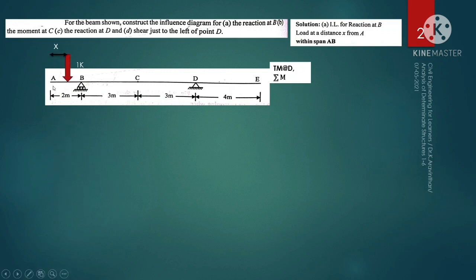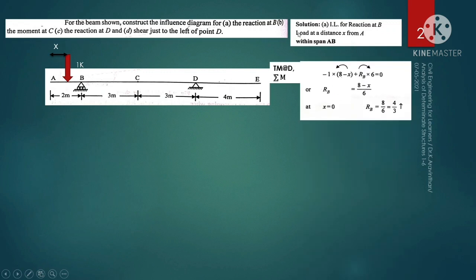Now what we can do is split this span into different members: member AB, member BC, member CD and DE. There will be 4 members, and these are the junction points where we have to find the influence line. Now, taking moment at D. If you want reaction at B, you have to take moment at D. This is shown here.